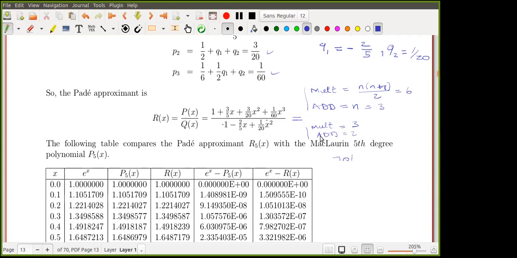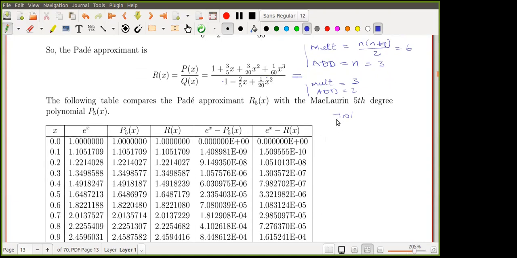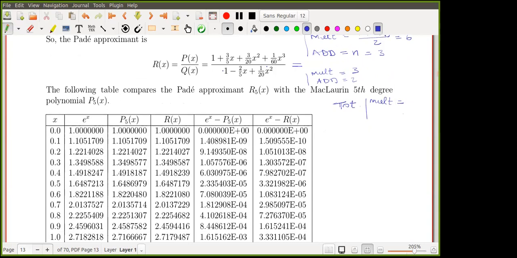So if you try to compute the total number of multiplications, it will be 6 plus 3, which is 9.